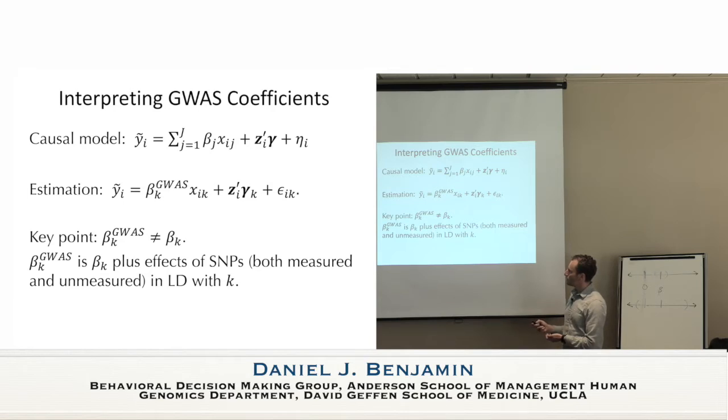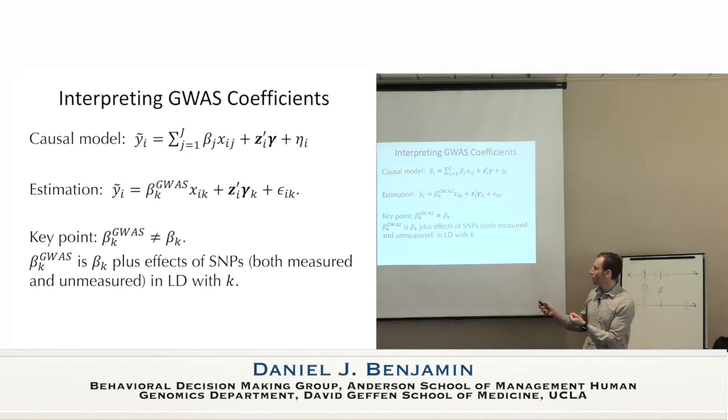This is going back to what we were saying before. You're going to pick up the effects of SNPs that you're in LD with. What we talked about before was being in LD with SNPs that you haven't measured. Here, we're also going to pick up the effects of SNPs that are measured, because we're just not including them as control variables in the regression.